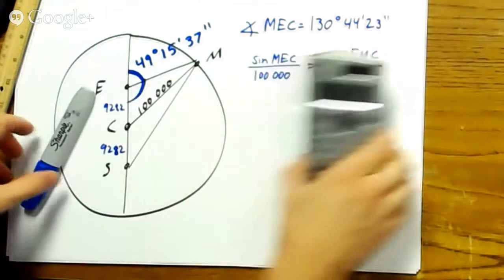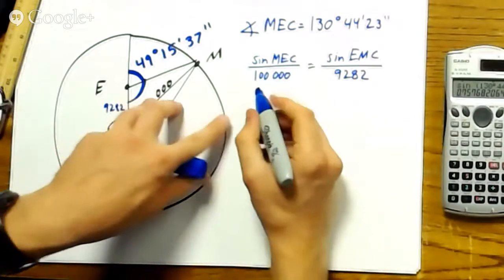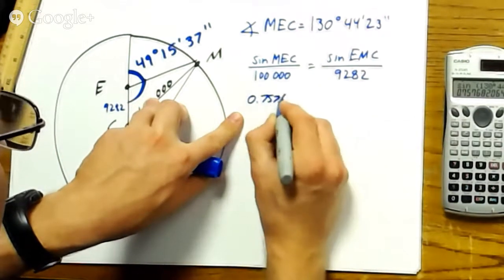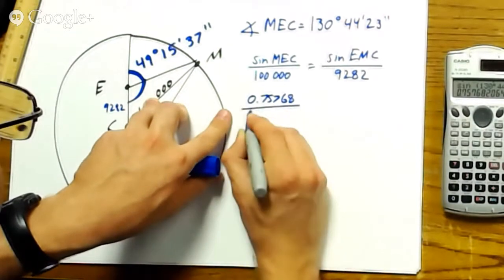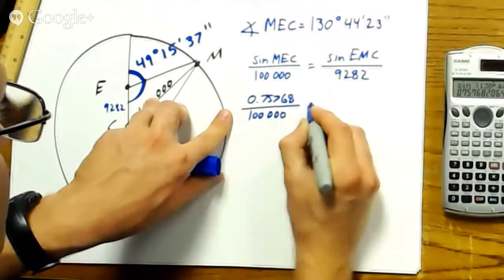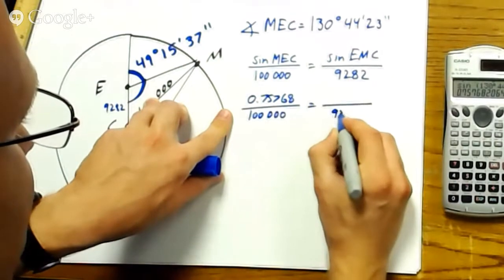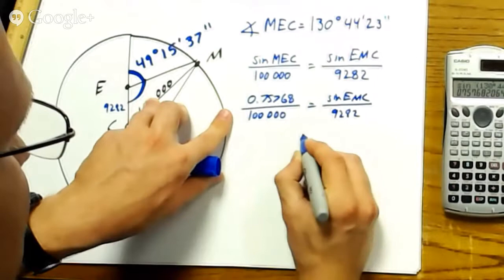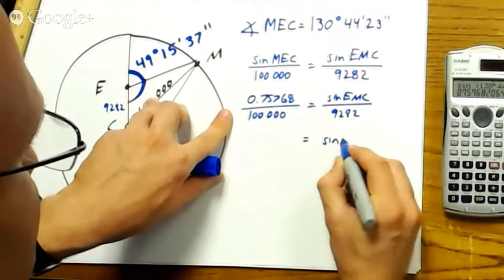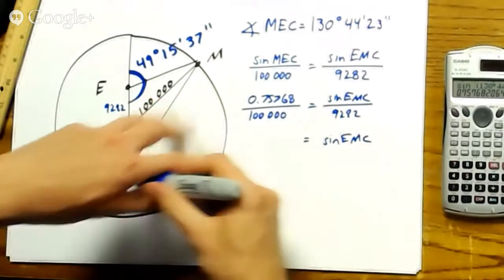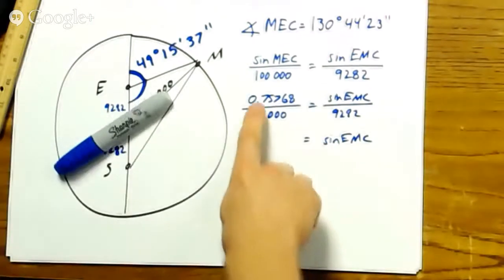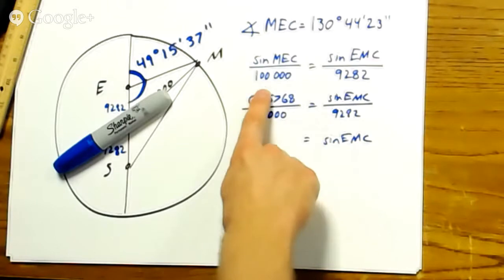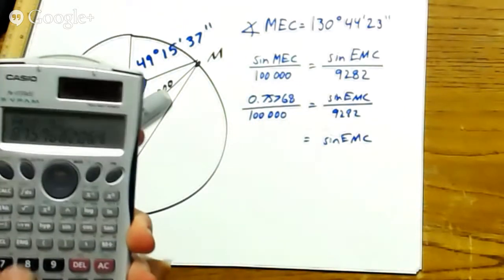Okay. So what do we get? 0.75. So take that number, multiply it by 9282, and divide by 100,000.